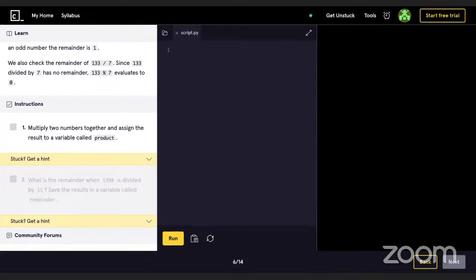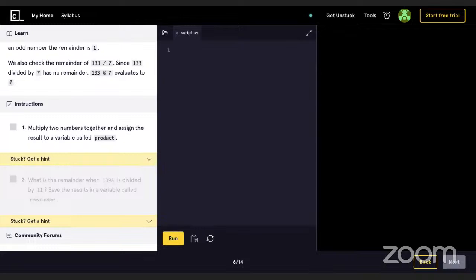I'll just type it in chat real quick. The mark goes in between the numbers. I can't see the screen. It's just black.